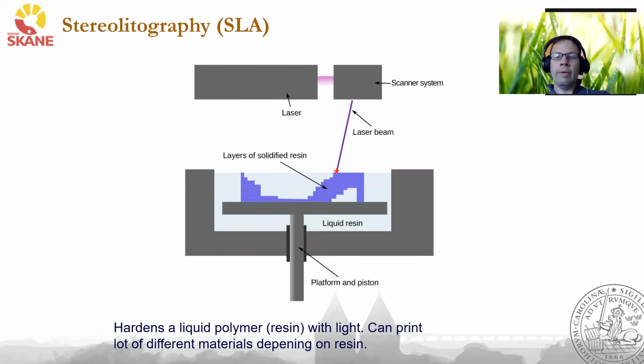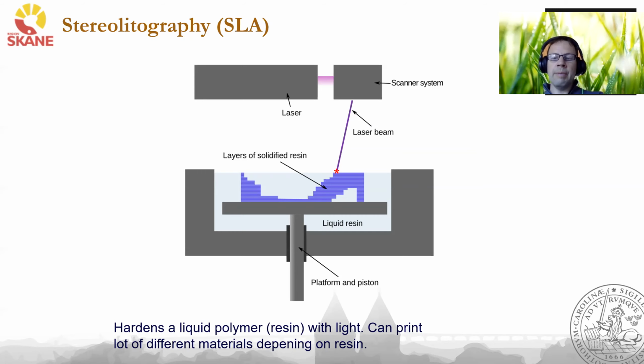Next on our list of printing techniques is stereolithography, or SLA for short. The principle here is that a laser beam hardens a liquid polymer with light. And the liquid polymer is often called resin. For each layer, the laser illuminates the parts that should be hardened, and thereafter the plate is lowered slightly, and the process is repeated.